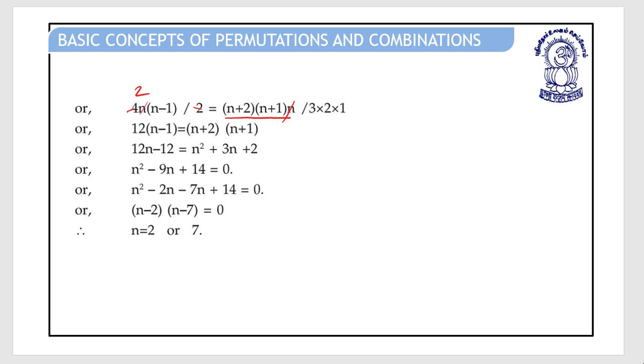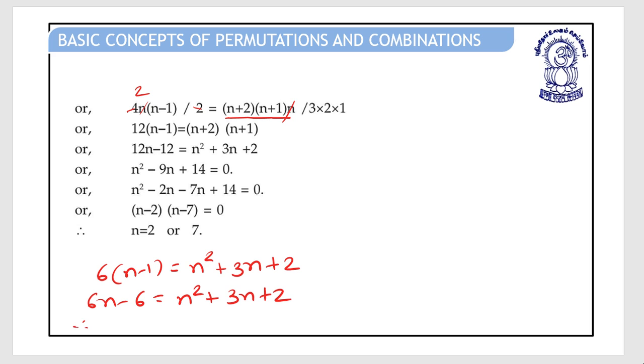So 2 to the 4, 3 to the 6. You can write 6 into n minus 1 is equal to n square plus 3n plus 2. 6n minus 6 is equal to n square plus 3n plus 2. So n square plus 3n minus 6n, and minus 6 on the right side, so plus 8 is equal to 0.